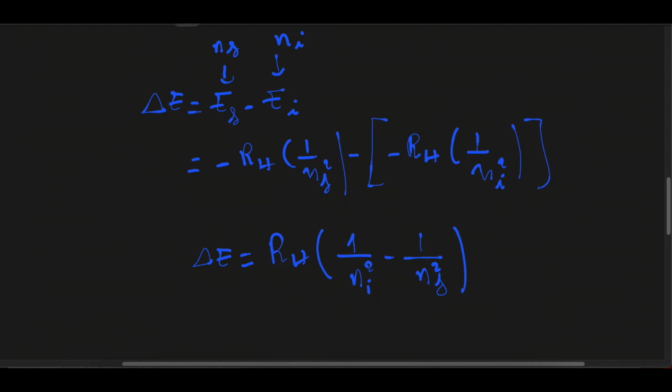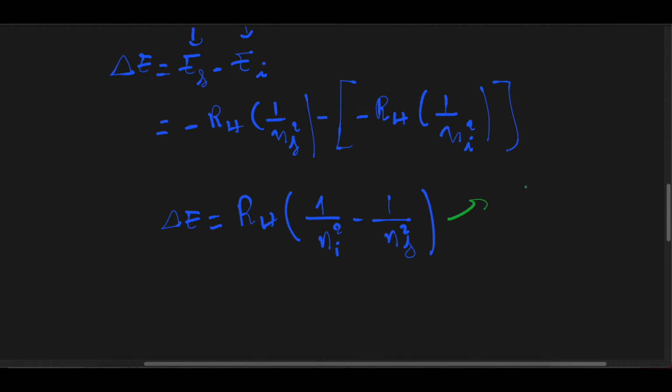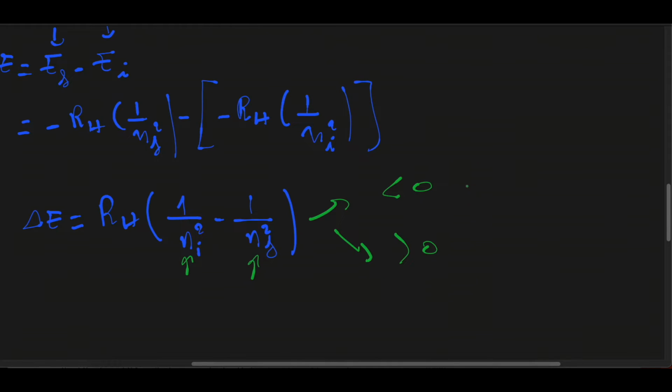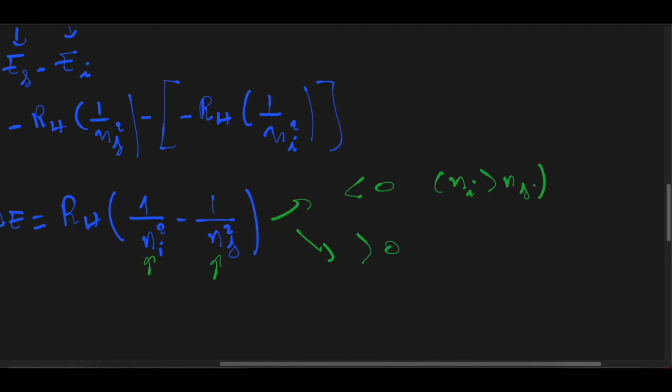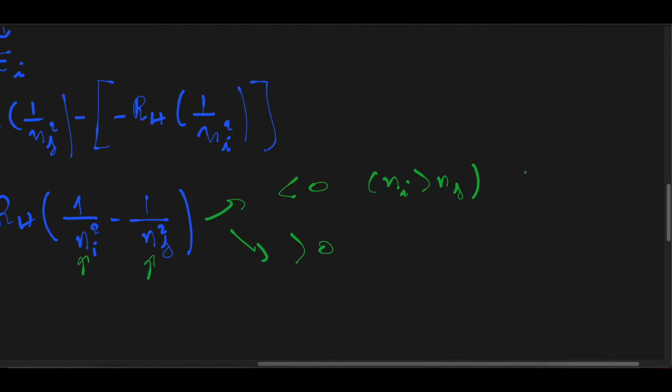So here we can see that the energy can be either negative or positive. It depends on the orbit. If the n initial is greater than the n final, we get a negative energy, which means that the energy is emitted. Here we have an emission process.